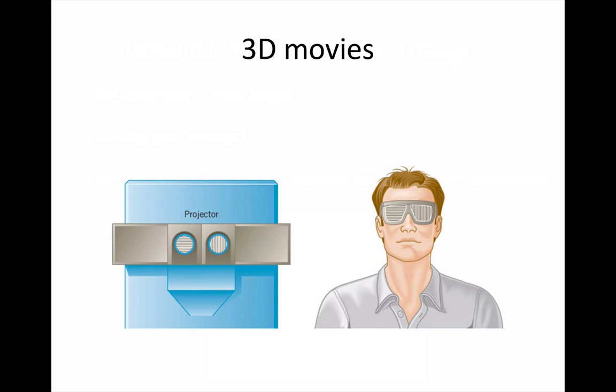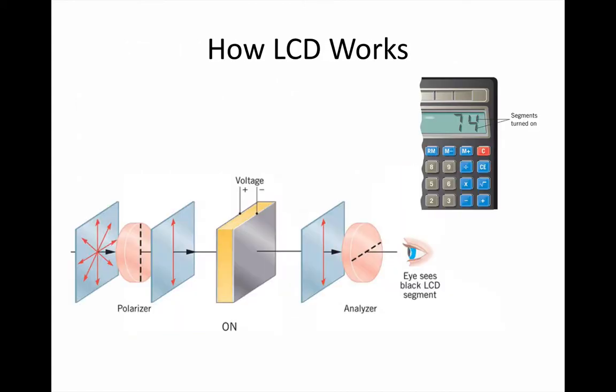Then the glasses you watch the movie with have corresponding crossed polarizers for each eye. So that means the left eye sees only the image from the left lens and the right eye sees the image from the right lens. The two slightly different perspectives are what the left and right eyes would see in reality, and so the brain can interpret that as three-dimensional.